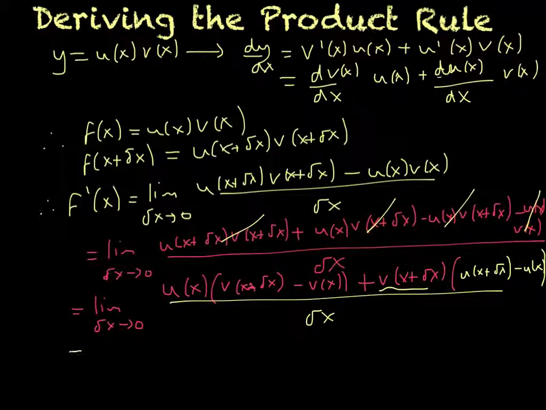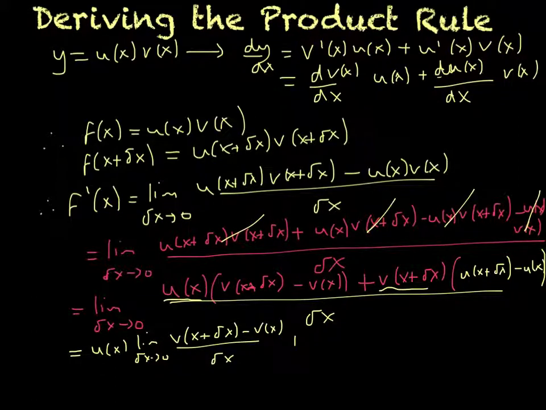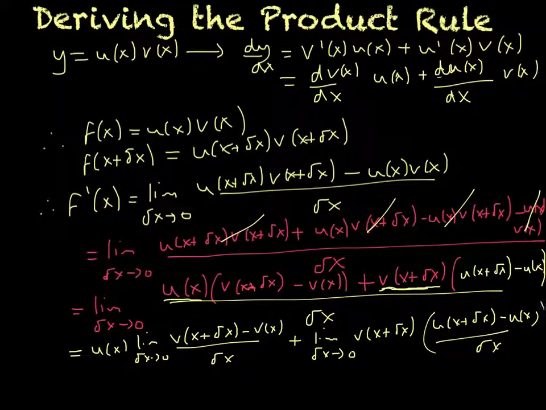And can you see, we have it. We've got our u of x here, limit as delta x tends to 0, and because u of x has nothing to do with delta x, I'm left with v of x plus delta x, subtract v of x, over delta x, and likewise plus, but this time our v of x plus delta x does have something to do with delta x, so delta x tends to 0, v of x plus delta x, all times u of x plus delta x minus u of x all over delta x.